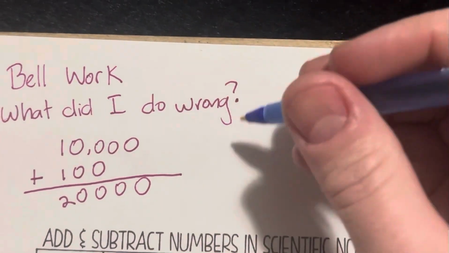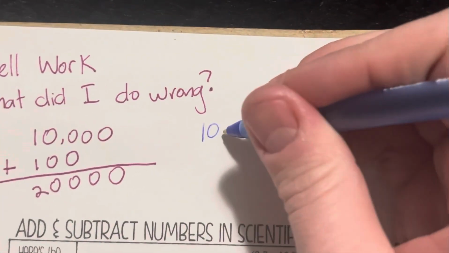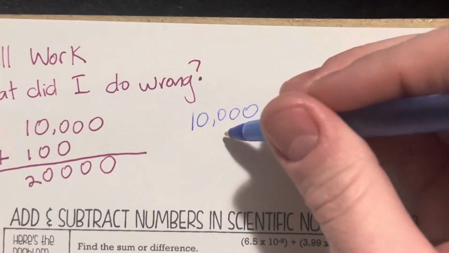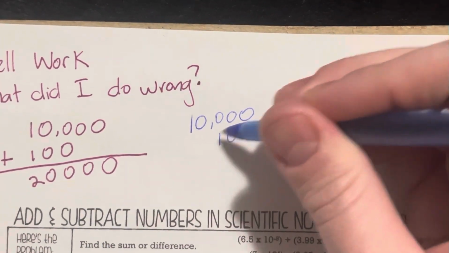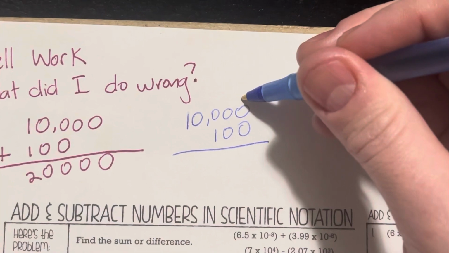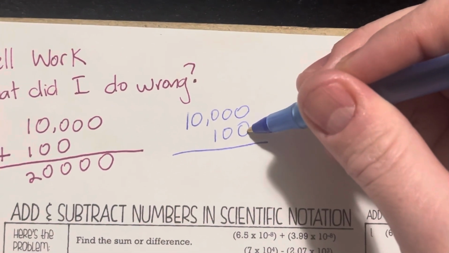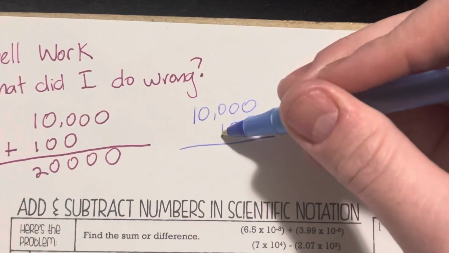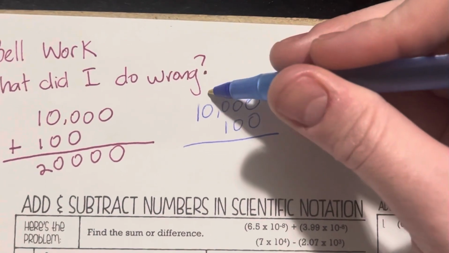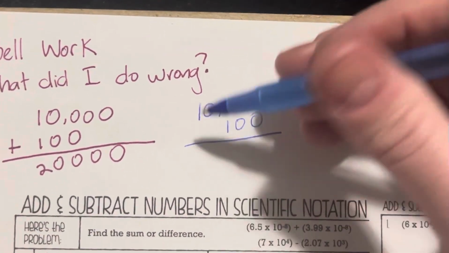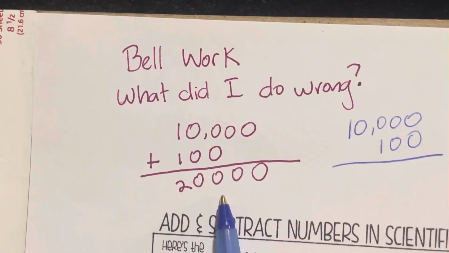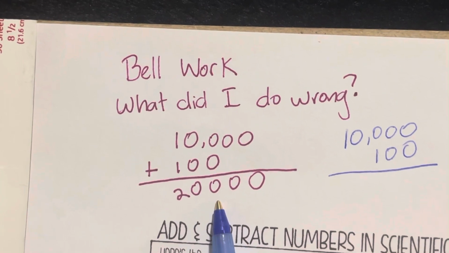Normally, when we do an addition problem, we like to take the place values and line them up together so that I add the ones place with the ones place, the tens place with the tens place, hundreds place with the hundreds place, and so on. When you have everything out of place, you can tell we're going to get the wrong answer.